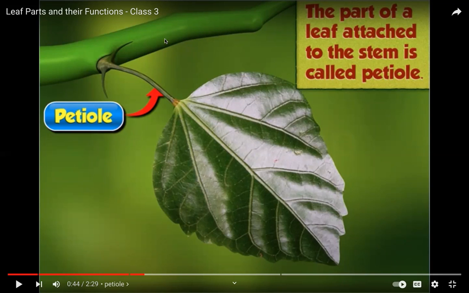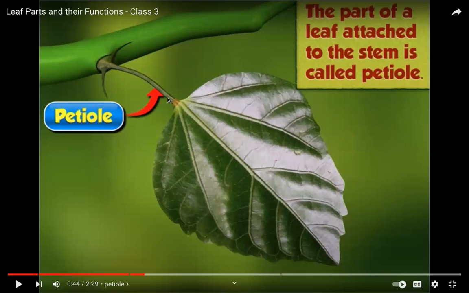The petiole function is to take food, water and minerals from the stem to the leaf, and the food prepared by the leaf to the stem. Very good. That is also a function. Another function, the most important function of petiole, is it holds the leaf to the stem. Apart from the petiole, none other can perform this function.